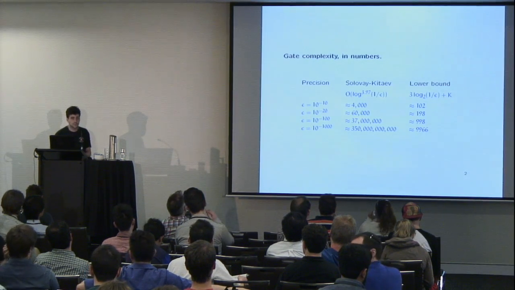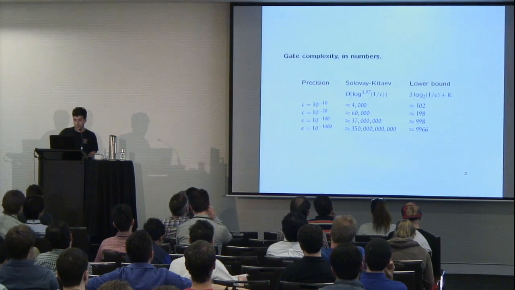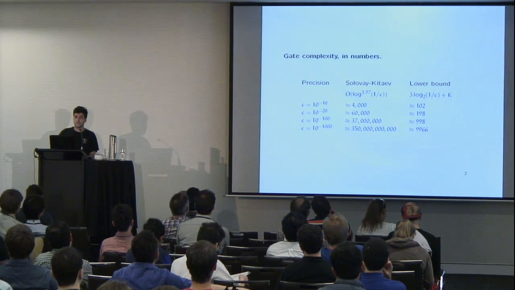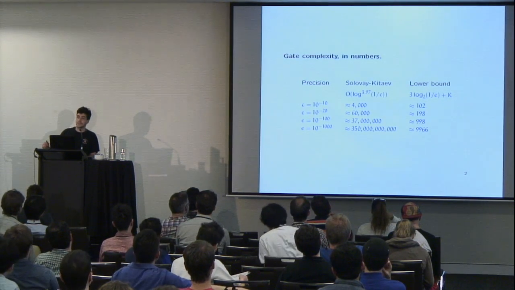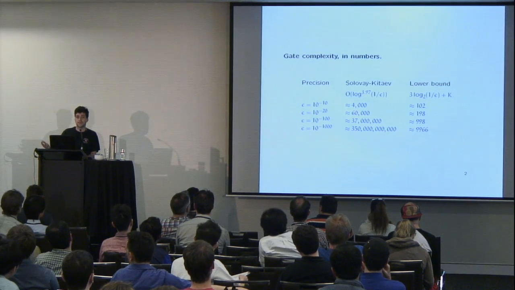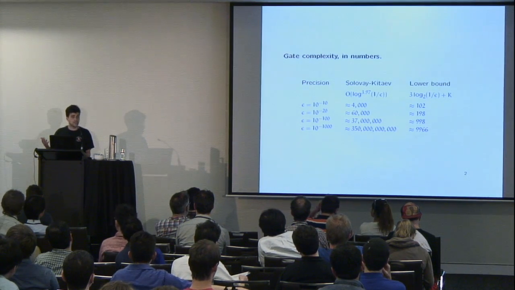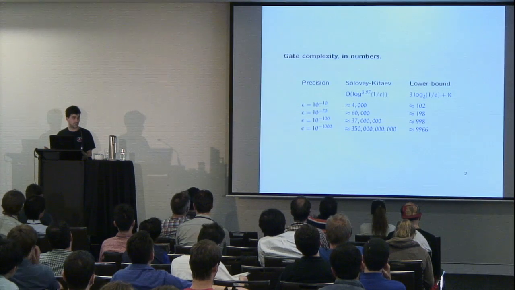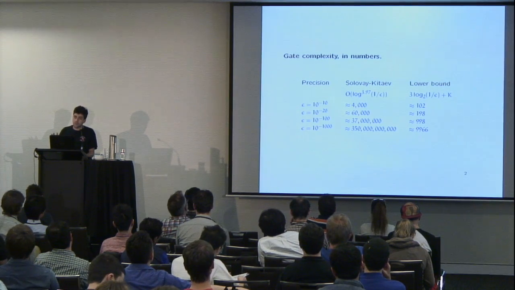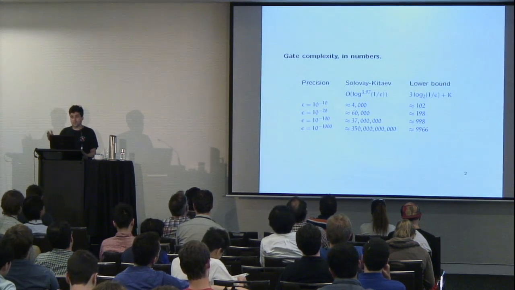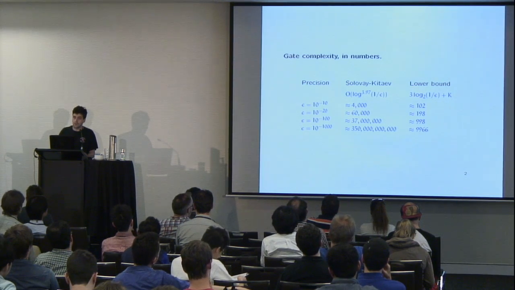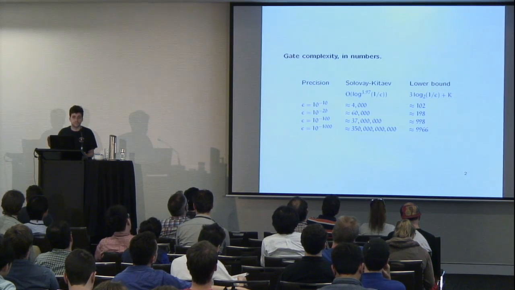Okay, so just for a little bit of motivation, here are some gate counts. Up until recently, the best known method to find approximations for unitaries was the Solovay-Kitaev algorithm. It produced circuits of size log(1/epsilon) to the fourth, roughly.